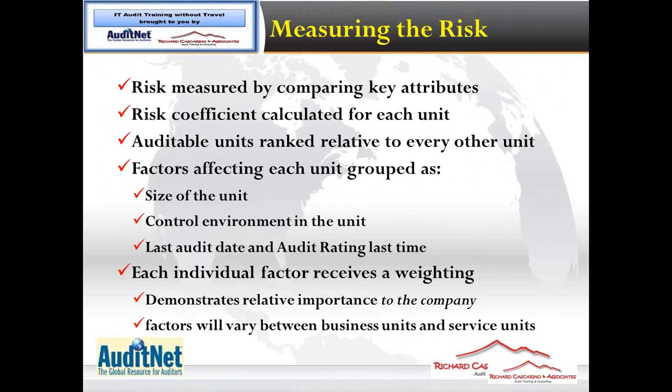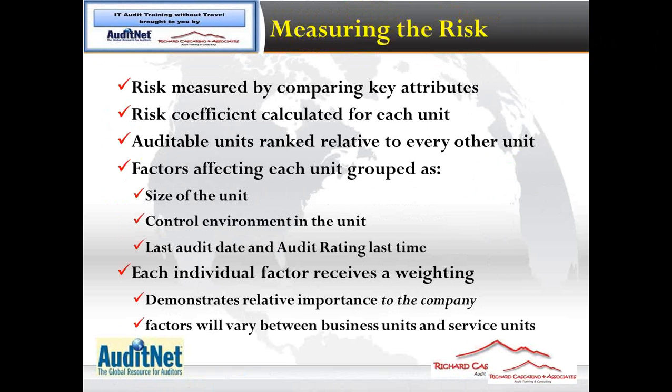So how do they then measure the risk? Well, what we're looking at is key attributes for each unit that we could audit. We want to calculate a risk coefficient. Now, to do that, we've got to look at the organization, or the part of the organization that we're examining, and split it up into auditable units.